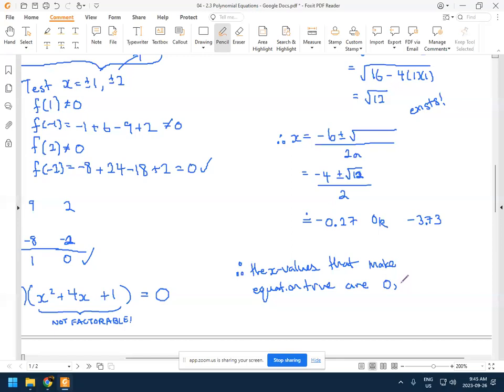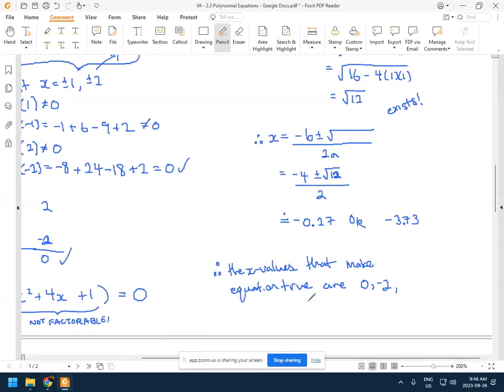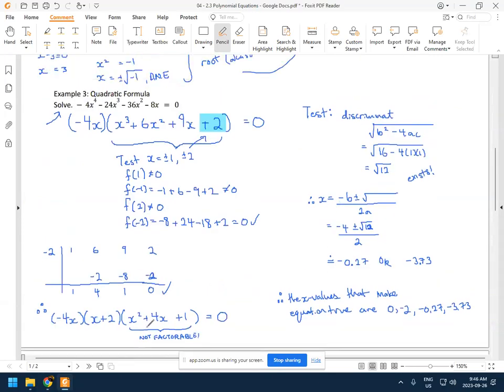We also tested negative 2. We also tested and found negative 0.27 and negative 3.73. And of course, in this technological age, we can just confirm and plug that into the graphing technology. I'm sure it will give me a graph.